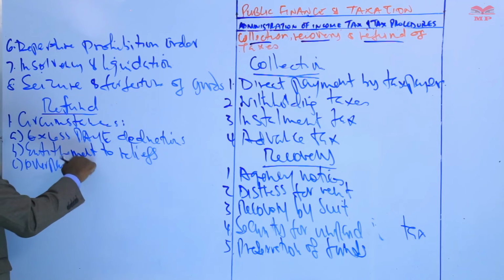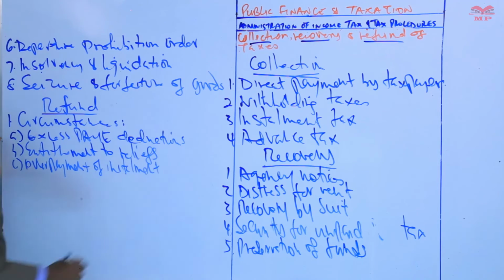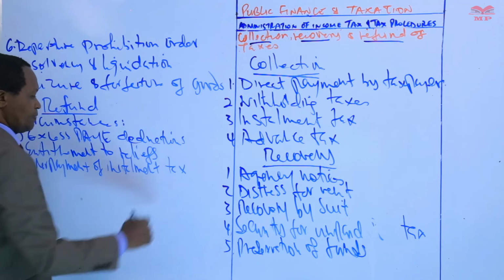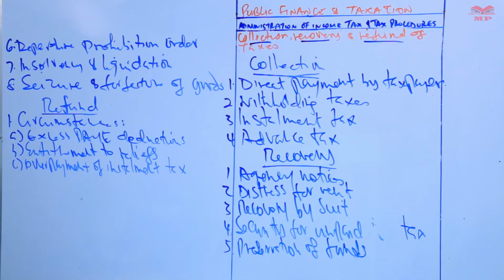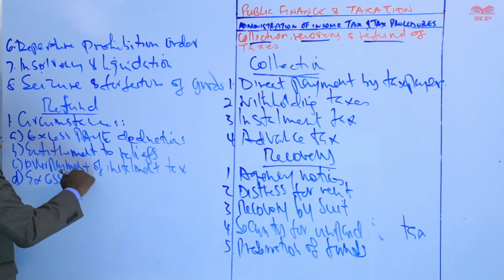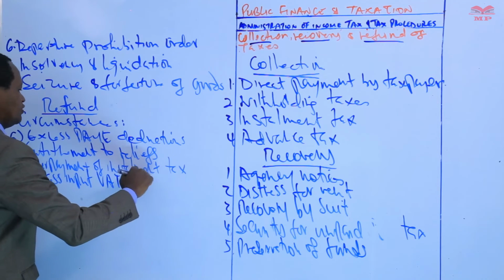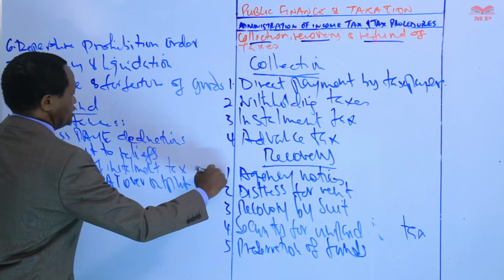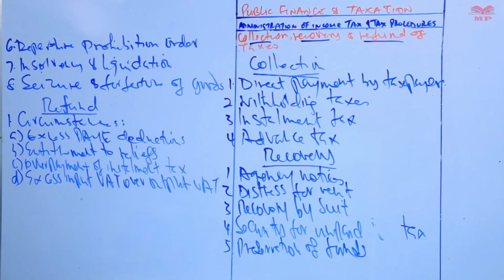3, overpayment of installment tax, or even advance tax. 4 is excess input VAT over output VAT, particularly for businesses making zero-rated supplies. 5.